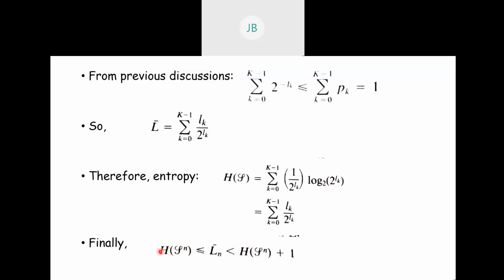So H of n is equal to n times H. For example, second order entropy H of x square is 2 times H of x. Similarly here, n represents the order. So this is the general condition. These are some of the properties of prefix coding. This is the end of today's lecture.